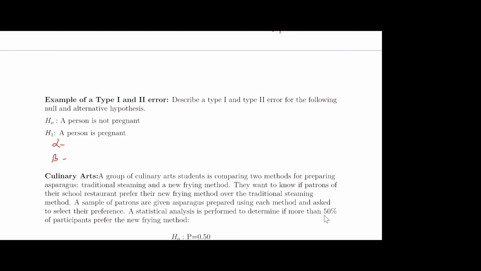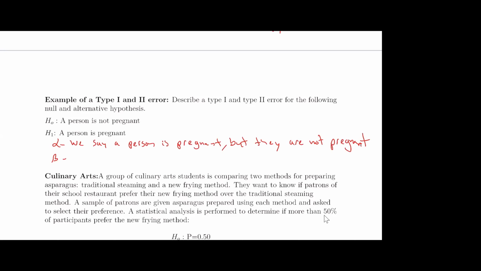So a type 1 error will be: we say a person is pregnant, but they are not pregnant. So that's your type 1 error.